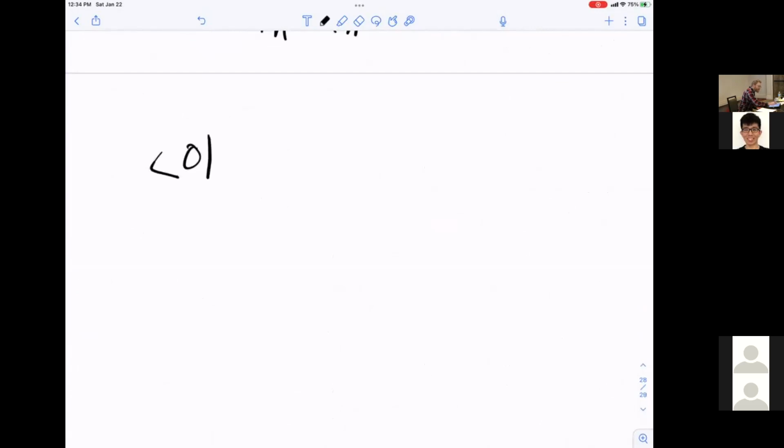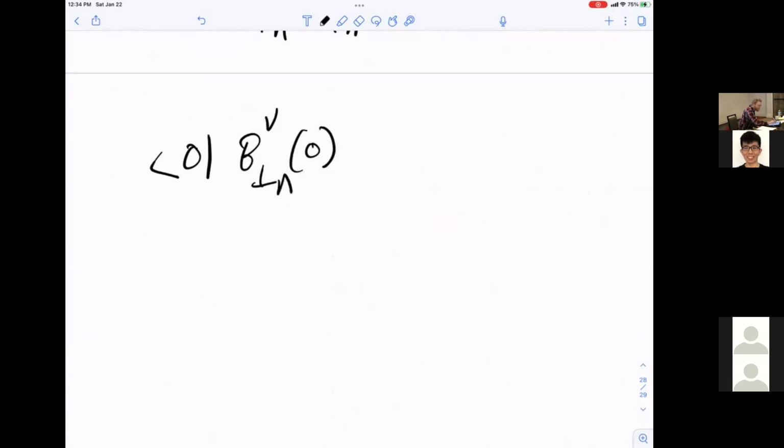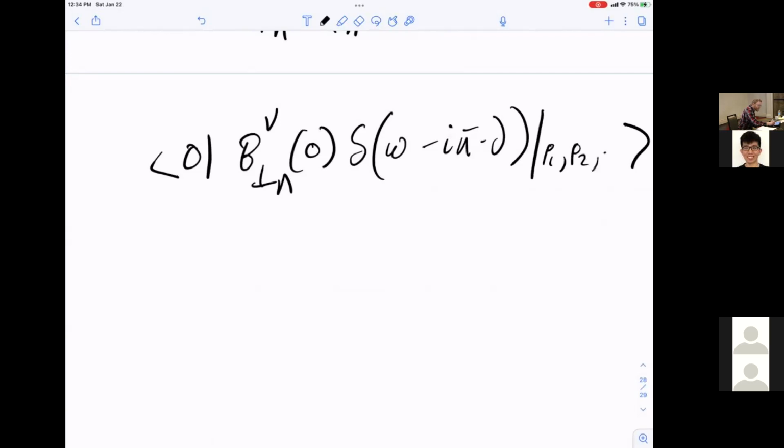I can start thinking about matrix elements like this. And now I could put a P1, P2, PK here. And how would you go about calculating that?